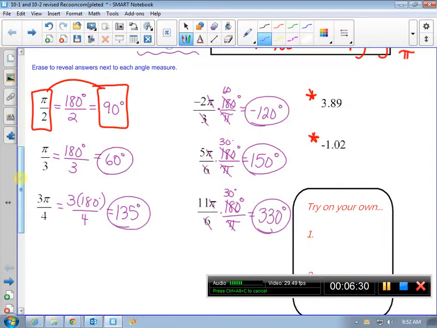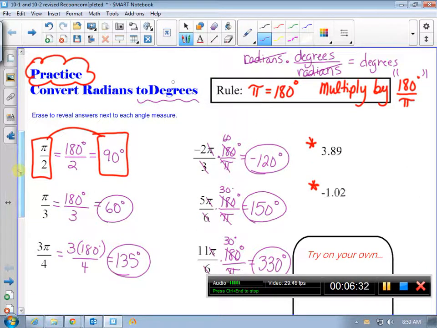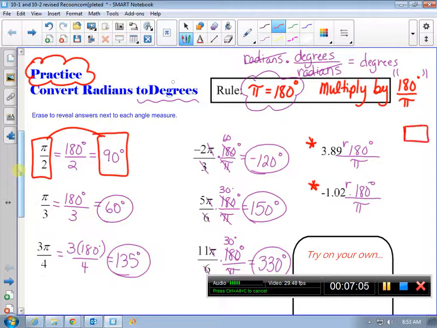These last two, notice, they're radians. I'm telling you they're radians, and they might have a little r next to them, like 3.89 radians or negative 1.02 radians. Now with these, I cannot use the substitution method because I can't substitute for pi. Here we have to multiply by 180 degrees, and then divide by pi. On our calculator, the pi symbol is right above the caret button, which is right underneath clear.